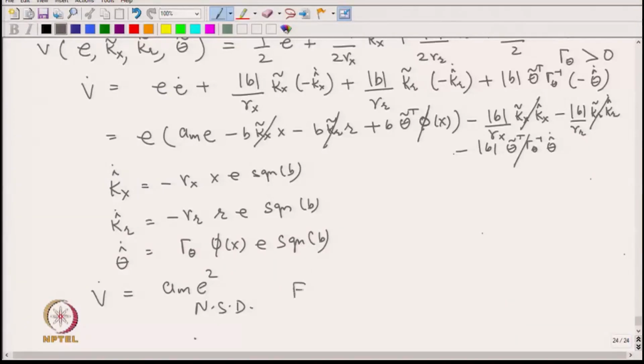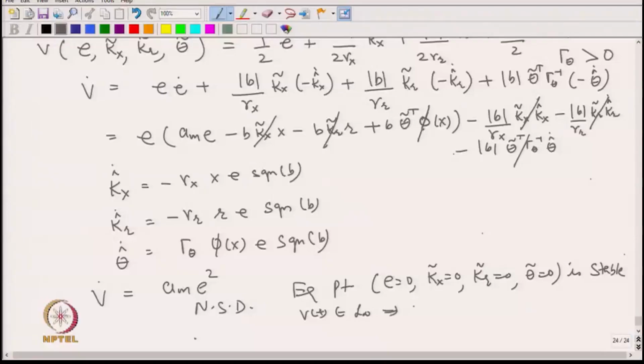Okay, so the equilibrium point given by e equal to 0, kx tilde equal to 0, kr tilde equal to 0, the origin, is Lyapunov stable. Okay, and since V is greater than 0 and V dot is less than or equal to 0, we can similarly say that V is bounded, which means that e of t, kx tilde, kr tilde are bounded.